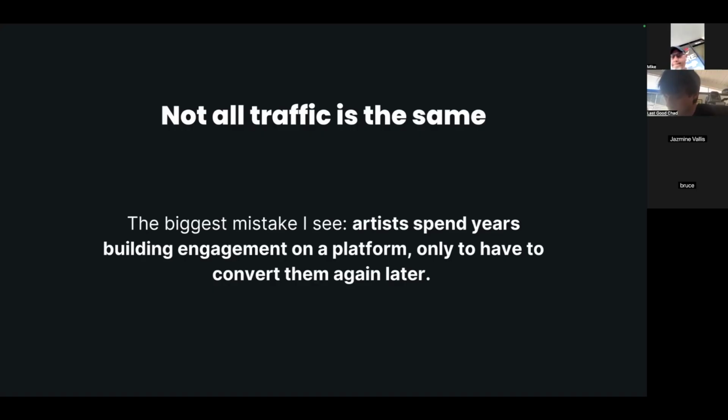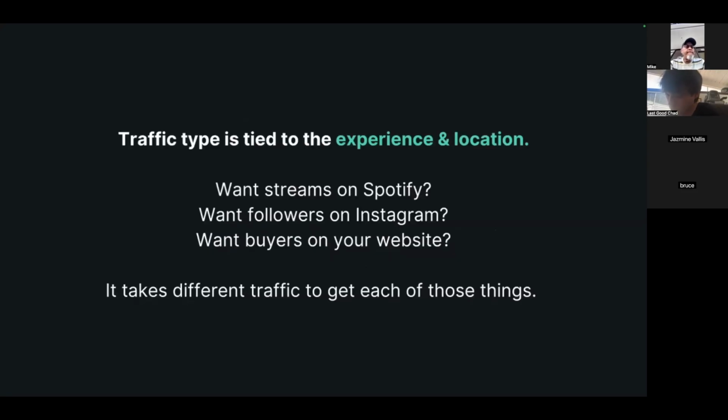So you have to try to reactivate an old Instagram following or something like that. And here's a really important truth to understand. Traffic type is tied to the experience and the location of where those people are hanging out, right? Experience and location. It's like, what are they getting on your Instagram?